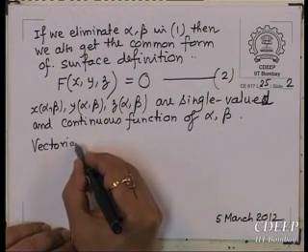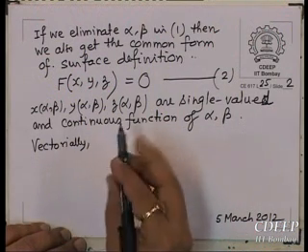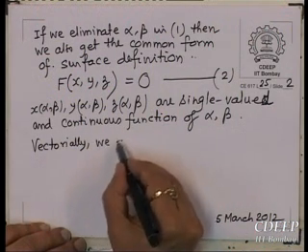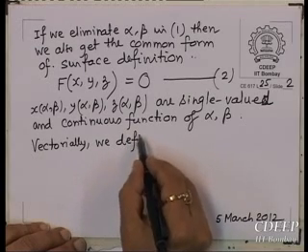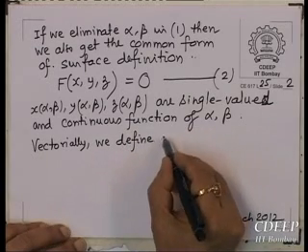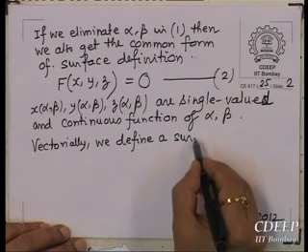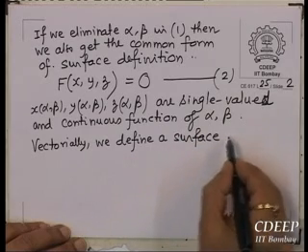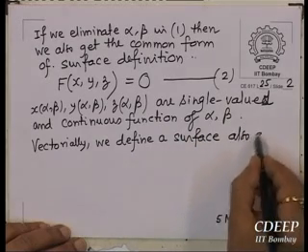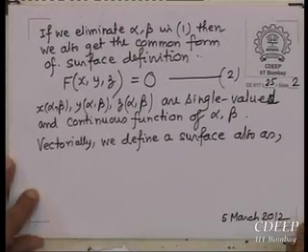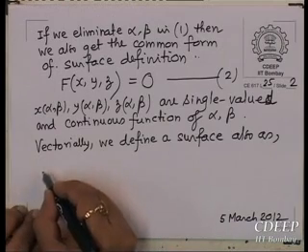So vectorially we define a surface also as, so there are so many definitions, that will be 3.